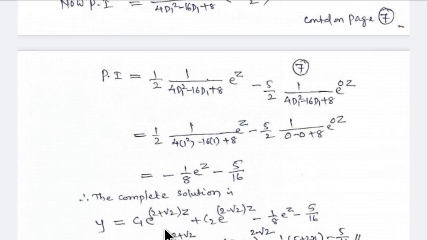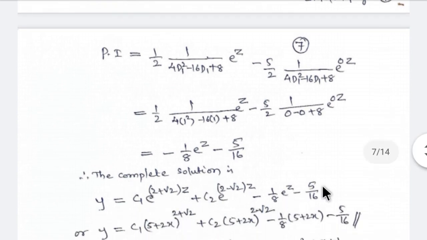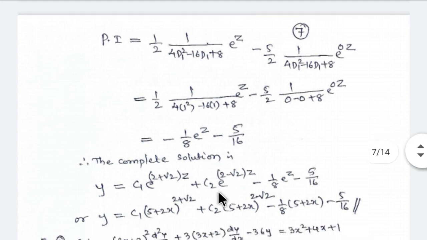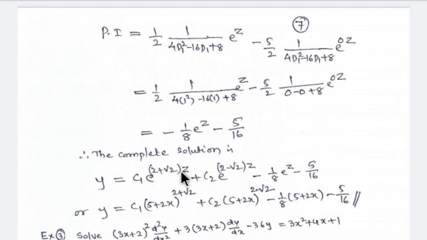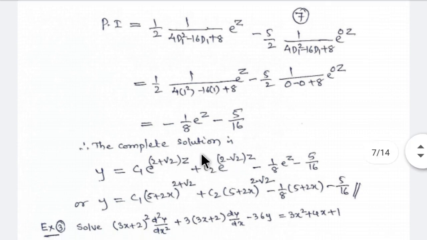Now the complete solution is the sum of these two, complementary function plus particular integral; substitute these two and finally write. This is a general solution of the transformed equation, not the general solution of the given equation.